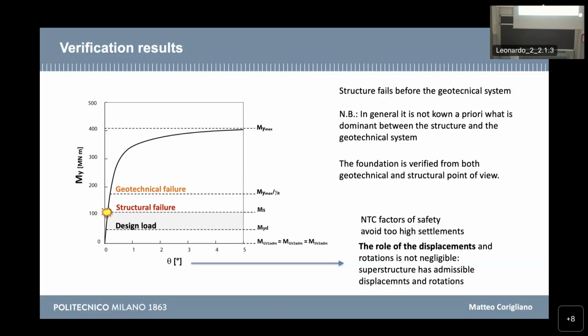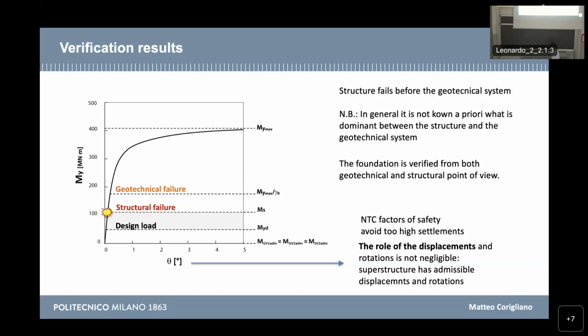And another aspect is that the structural failure happens before the geotechnical one, and a priori it is not possible to know what is dominant between geotechnical and structural failure. And this is something that, thanks to the numerical analysis, we can account for.